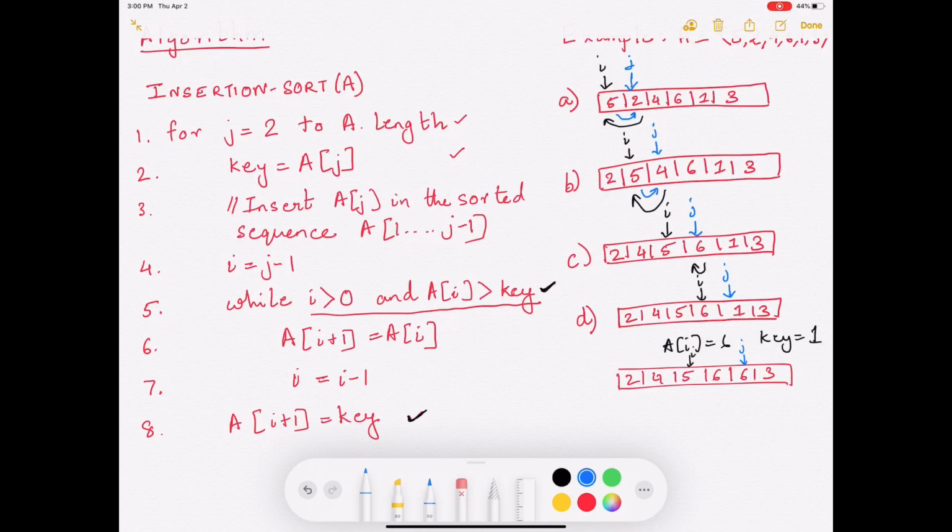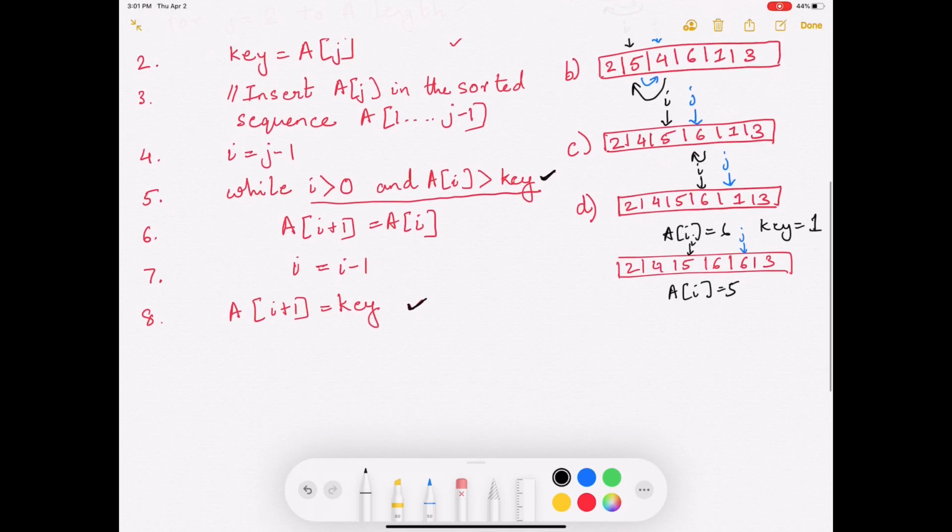The same thing. You're going to compare A[i], which is now 5, with key, which is 1, which is greater. So once again, I'm just going to move this a little bit above. Now this is how the array would look.